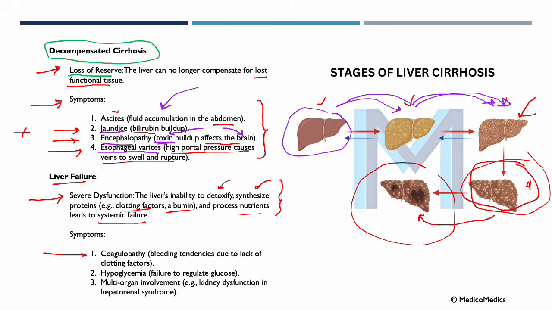We will see coagulopathy. So we will have bleeding tendencies due to a lack of clotting factors. Because without going into details, if you haven't already studied blood physiology or hematology, these clotting factors, factor 3, factor 7, factor 10, etc., fibrinogen, they all play a crucial role in making our blood coagulate.